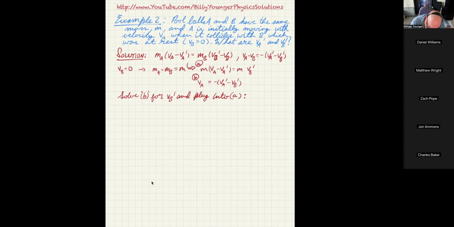But solving B for VB prime, notice if I distribute that negative, I'd get VA equals negative VA prime plus VB prime. So VB prime is just going to be VA plus VA prime.